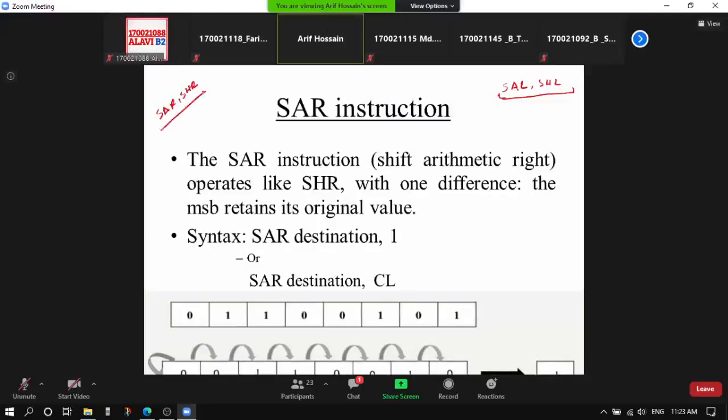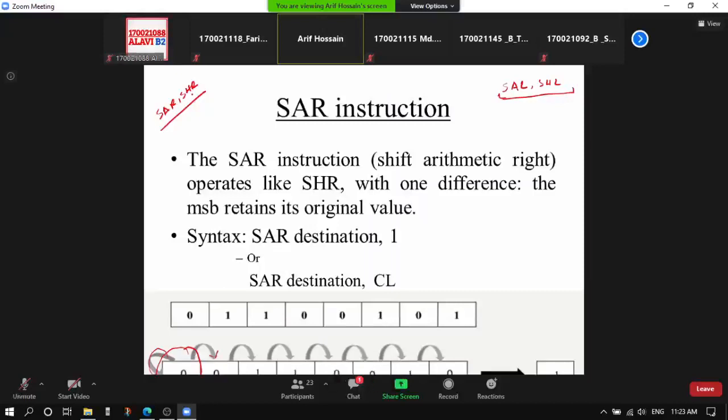The difference is that your MSB will retain its original position and all other bits will be shifted to the right. So whatever was there in MSB will also be shifted to the right, and it will also be shifted to its own place. That means your MSB will remain the same. Rest of the thing is the same as your shift right. Is it understood, everyone? Yes, sir.